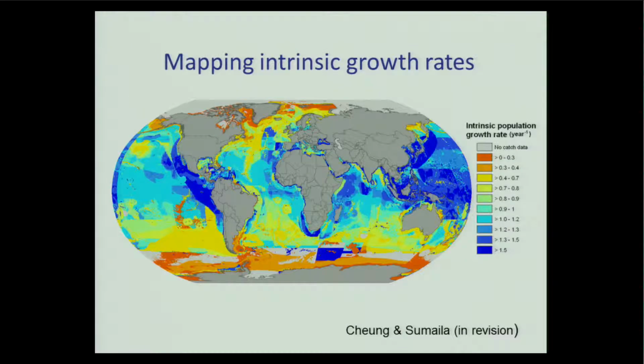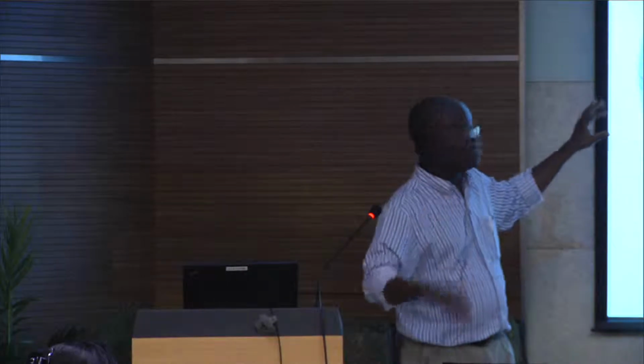Okay, just to make the point about the need for what we are doing here, where you bring social scientists and ecologists together, interdisciplinary, to work together. William was looking at vulnerability only from the point of view of ecology.